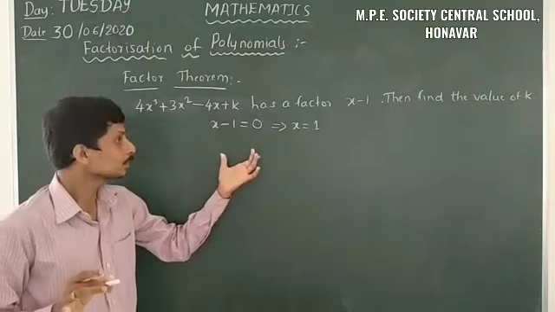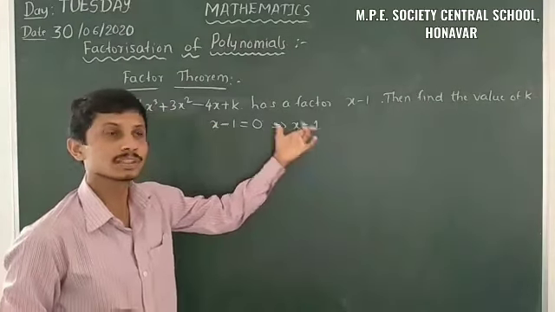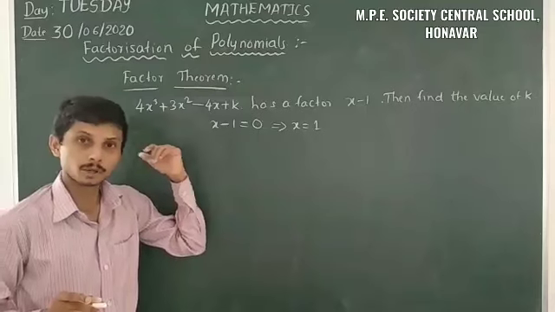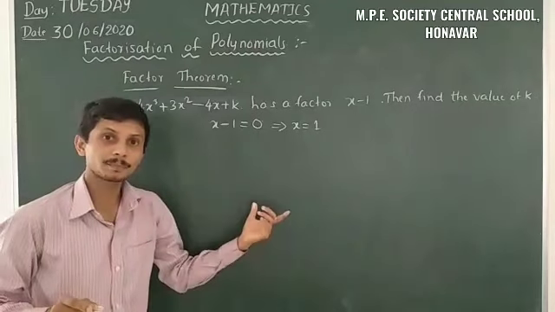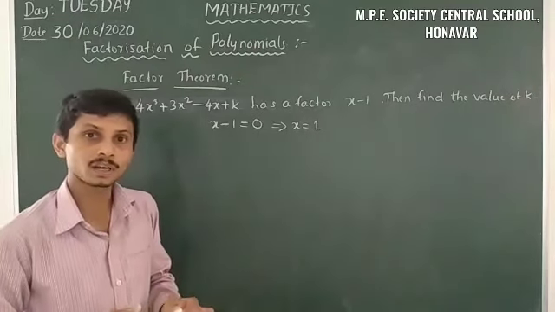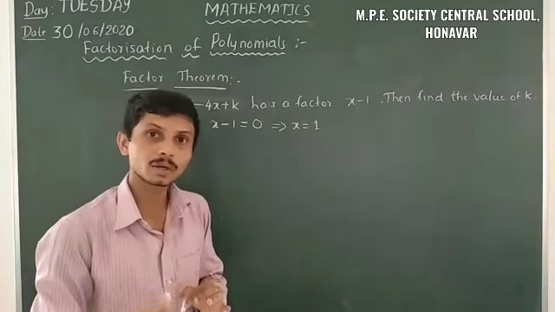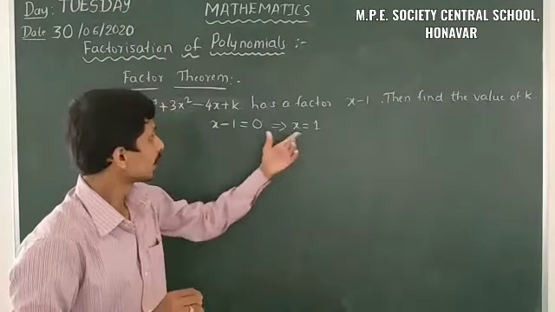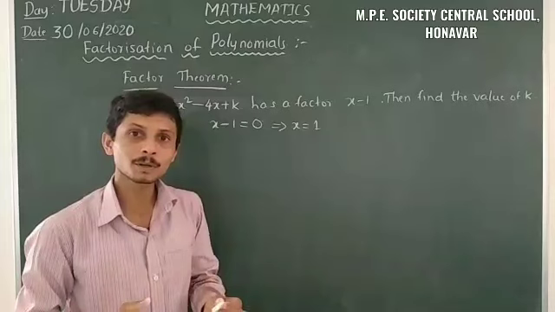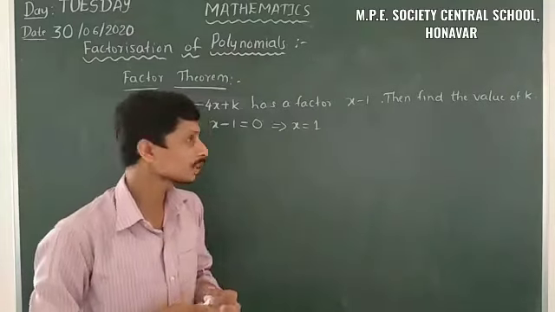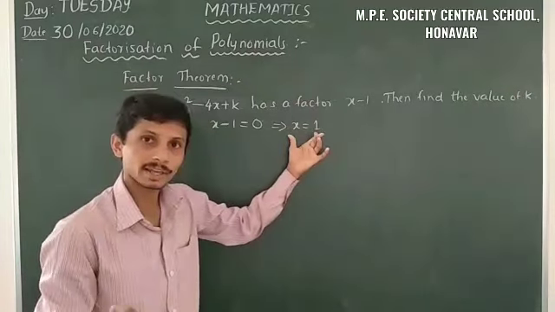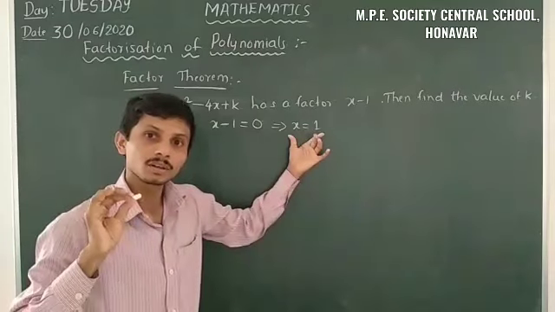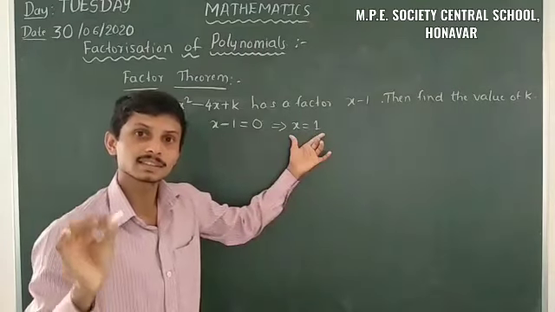So let us substitute x equal to 1 into this polynomial. After we substitute x equal to 1, we have to equate it with 0, because x equal to 1 is one of the zeros of the polynomial. After substituting the value x equal to 1, we get the result as 0.